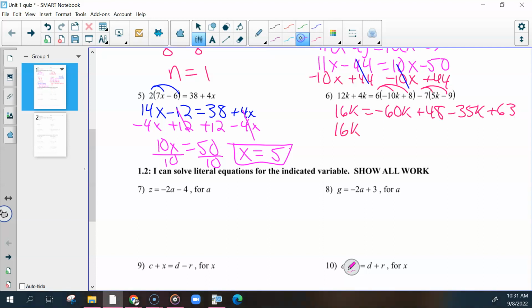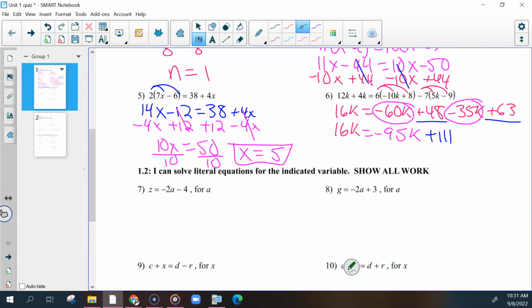When you combine your like terms, we had a negative 60k and a negative 35k. So that would have given us a negative 95k. And then 48 plus 63 should have given us 111. So if you did not get one of those two, something in your math went wrong. So always double check that.